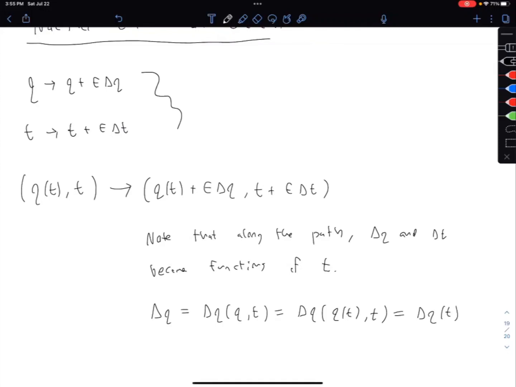So both delta Q and delta T along the path are just functions of time.